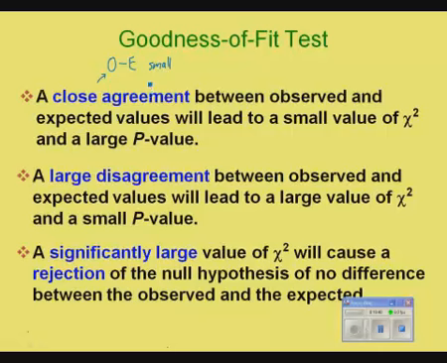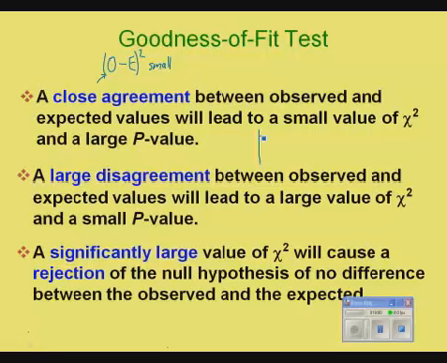Or maybe I should say O minus E squared is small. When you square it, it's still going to be a small positive number. If the O and the E are close together, chi squared is small, but that means you have a large p-value.